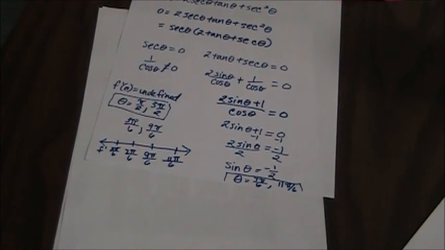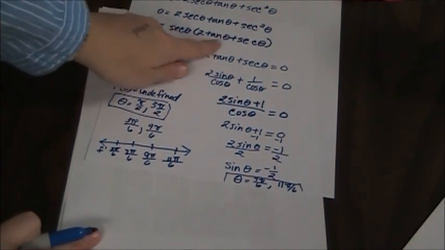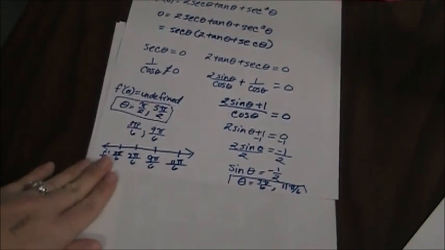I can work with maybe a quotient or just a product of this times that rather than these plus signs. We're going to try to minimize the trig. So I'm going to take secant theta times 2 tangent theta plus secant theta, and I'm going to rewrite it to make it easier for when I'm testing values for my sign chart.